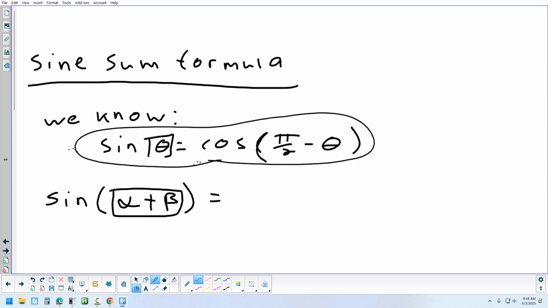Just like when we didn't know how to do a sum, we rewrote it as a difference because we already knew how to do that. We're going to try to rewrite this as a cosine problem because we already know how to do that. Let's see.